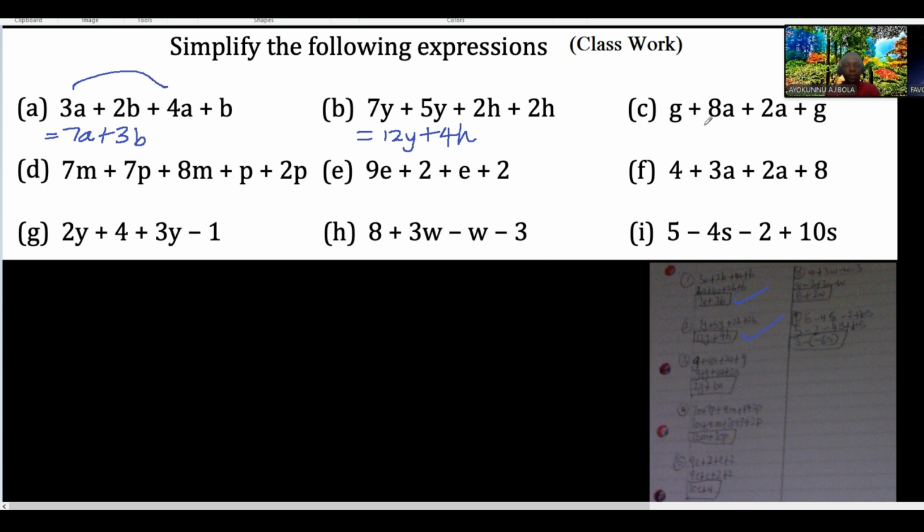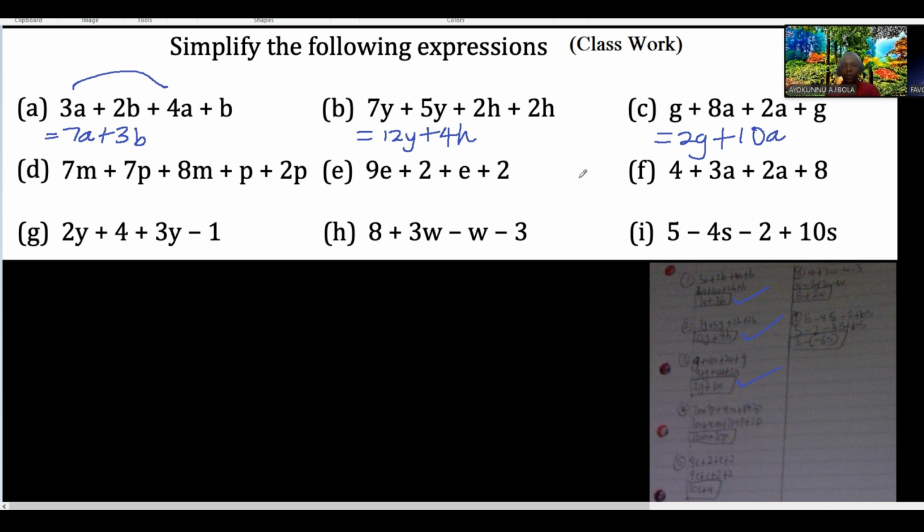Then g plus g, that is 2g. And 8a plus 2a, that is 10a. So your answer is correct as well. Okay, let's finish first.